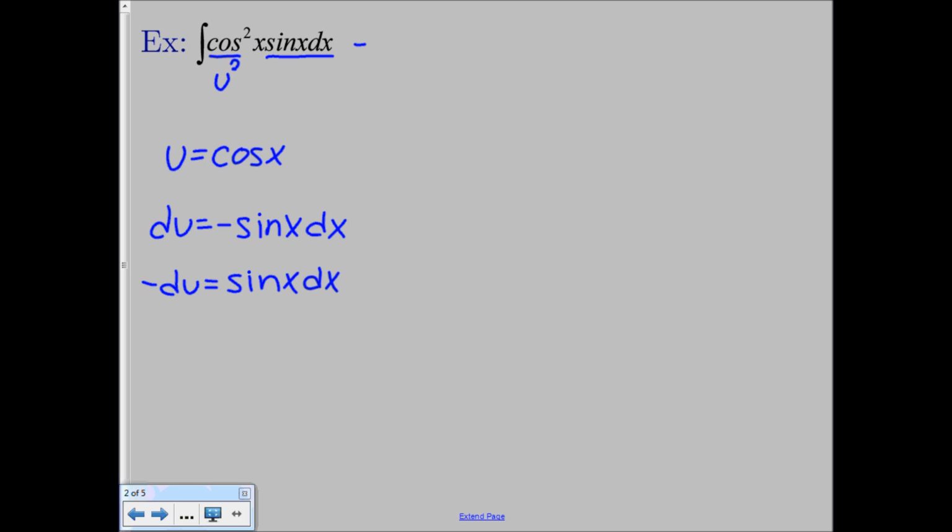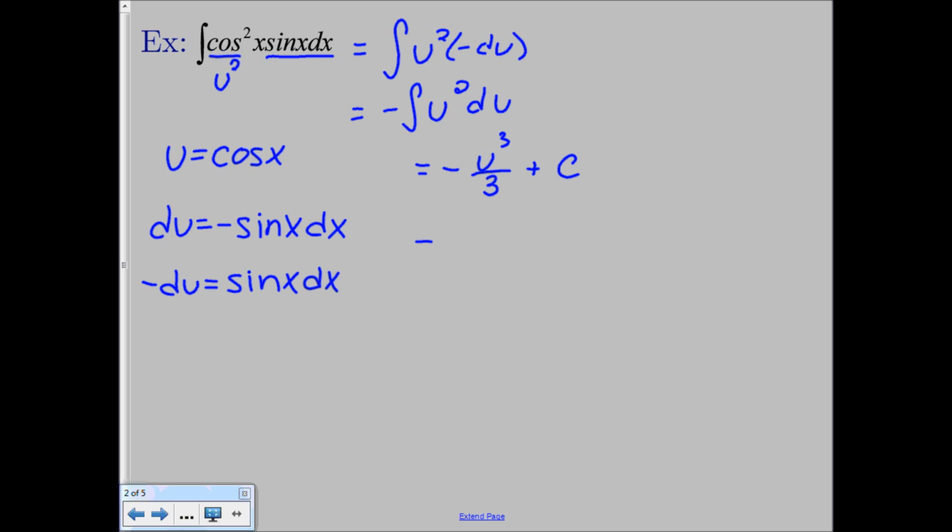So now we can rewrite this integral to simply be u squared times negative du, which we can pull the negative out front and make this negative u squared du. That's going to give us negative u cubed over 3 plus c by simply applying our power rule, and then plugging back in for our u is just going to give us negative 1/3 cosine cubed of x plus c.